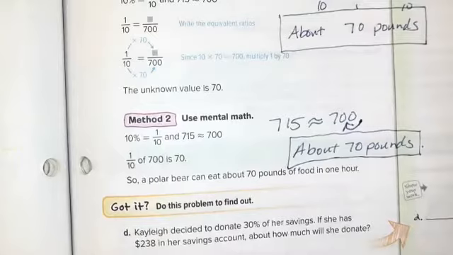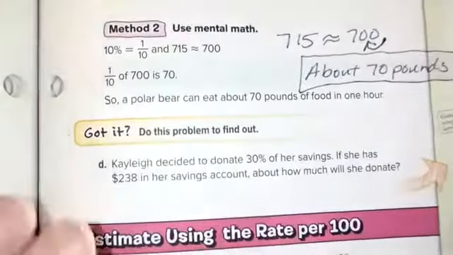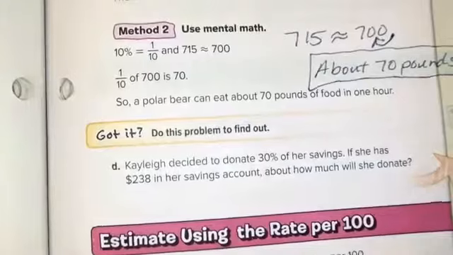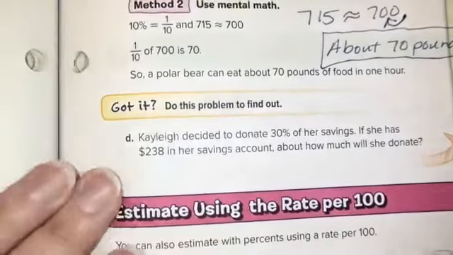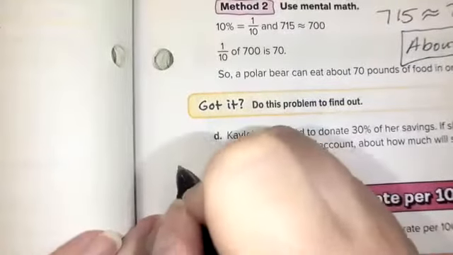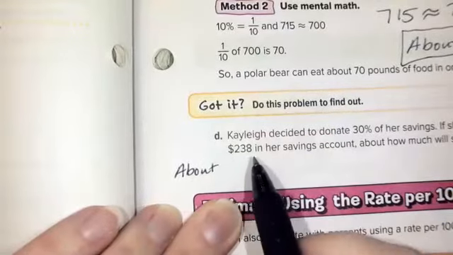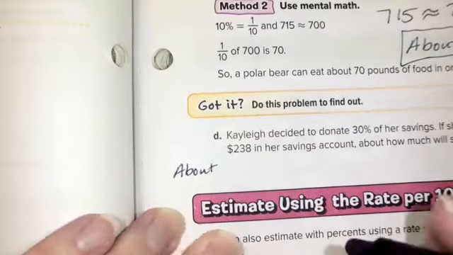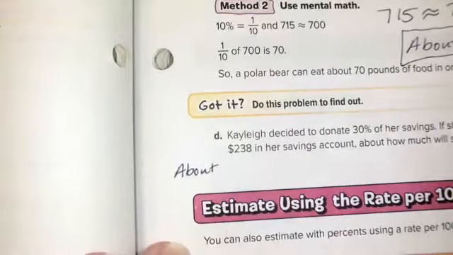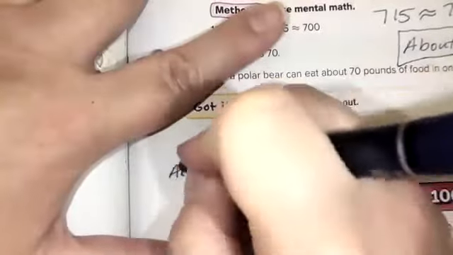All right, next, letter D. Kaylee decided to donate 30% of her savings. If she has $238 in her savings account, how much would she donate? Okay, so the question is this: about, or approximately, what is 30% of 238?